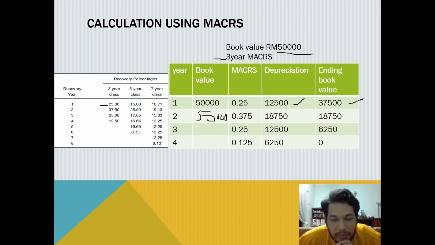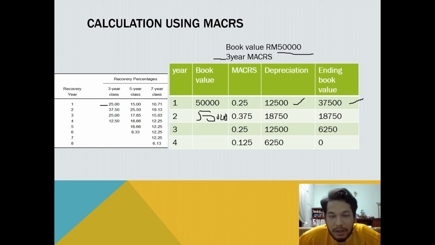And then you need to subtract: 37,500 minus the depreciation, which is this, 18,750, and so on. Using the table is much easier.